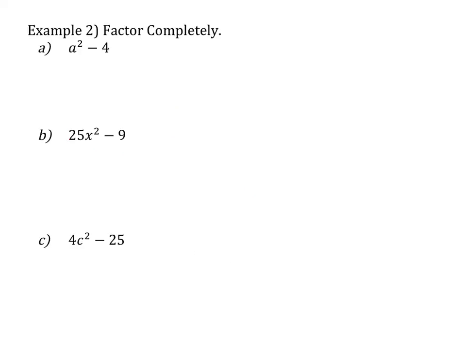Okay, so we have a squared minus 4. First thing I want to do is write it as a difference of squares, and it's important to note that this only works for differences. So it only works when you have a perfect square minus a perfect square. So a squared minus 4 I can rewrite as a squared minus 2 squared. And you don't always have to do this step, but it's important to show it for this video for you guys.